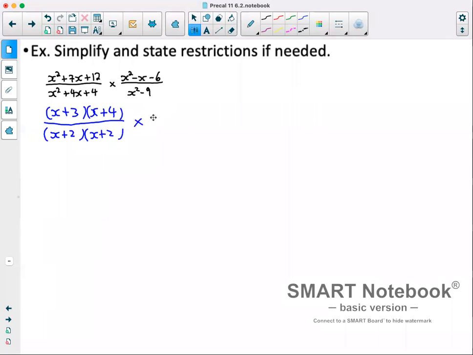And then that's going to be multiplied by, we're looking for two numbers that multiply to negative 6, add to negative 1. So that'd be negative 3 and positive 2. And down here, we have a difference of squares. So we know that's x minus 3 times x plus 3. So we'll do our non-permissibles. So we've got negative 2, positive 3, negative 3.